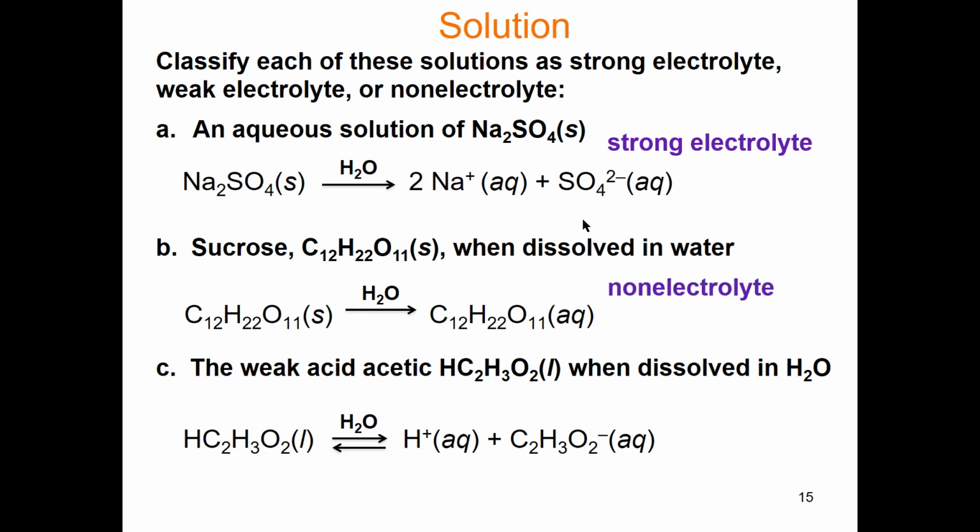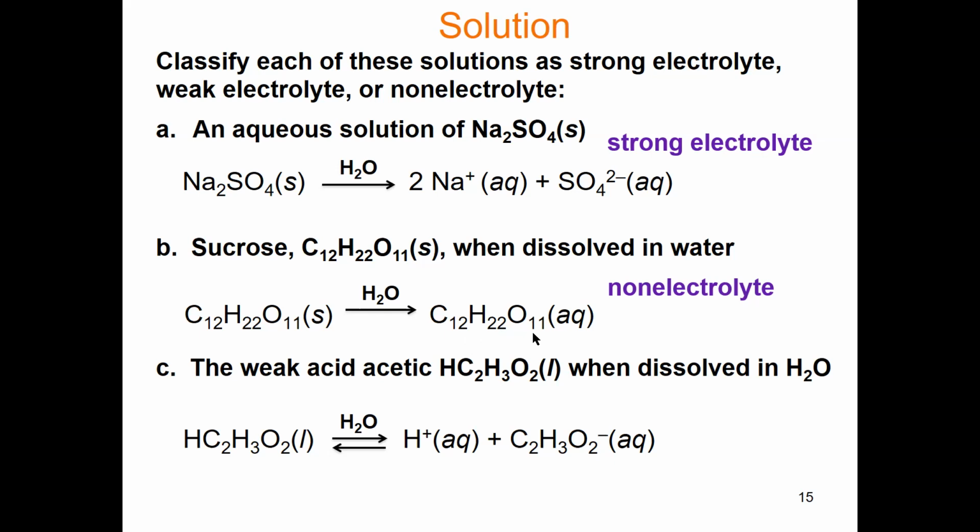A non-electrolyte would be, for example, a solution of sucrose or glucose, which are organic molecules. They are solid, and when you dissolve them in water, it's still the same molecule, but now it's separated from others, and it's surrounded by water, but it doesn't give ions. It's a covalent compound, so it stays bonded together, and it doesn't dissociate into ions, right?